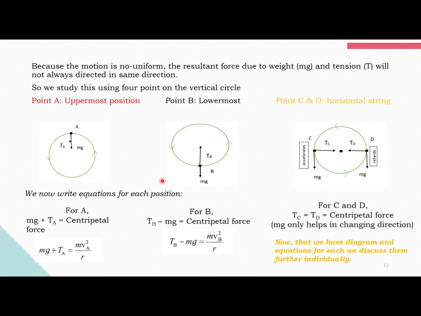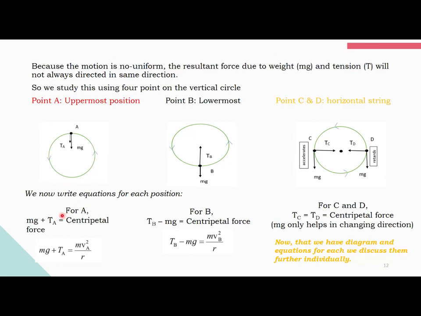Number 1, which is the uppermost position. Number 2, which is the lowermost position. And number 3, which is points C and D, that is horizontal string. Now we have to write an equation for each position.